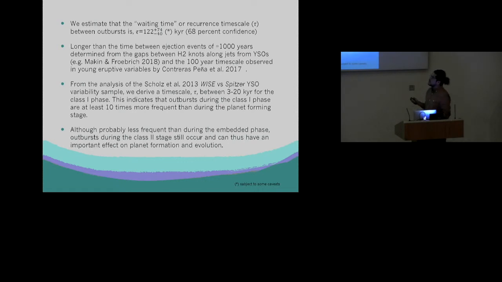And we found a timescale between 3 and 20,000 years. Now, this means that in the class 2 phase, these outbursts are less frequent than during the embedded phase, but they still happen. So probably models of planet formation do need to take this fact into account.